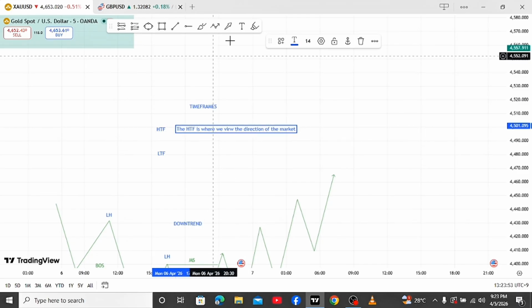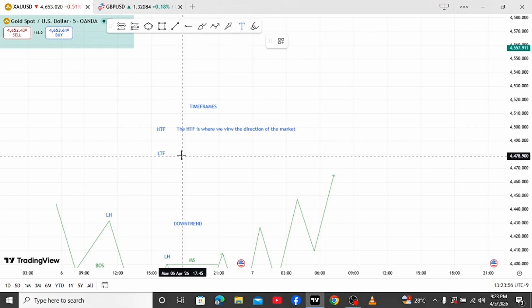The higher time frame is where we view the direction of the markets. And then the lower time frame is where we spot our entries, is where we enter.